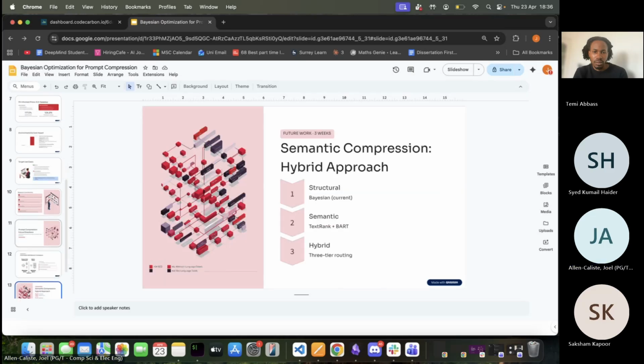Also, for the medium-sized prompts, I'm looking at semantic compression, so using NLP to compress it. Right now, I'm reordering the structure and removing irrelevant pieces of text that don't add any context. With the medium-sized prompts, it's relatively dense already.